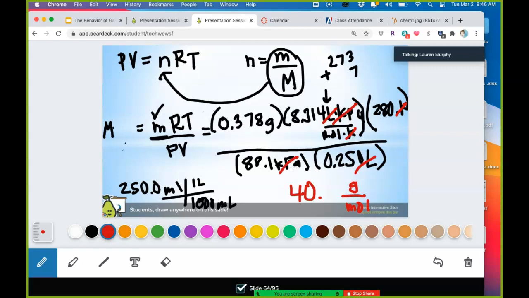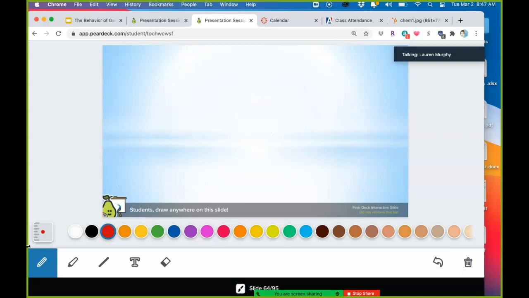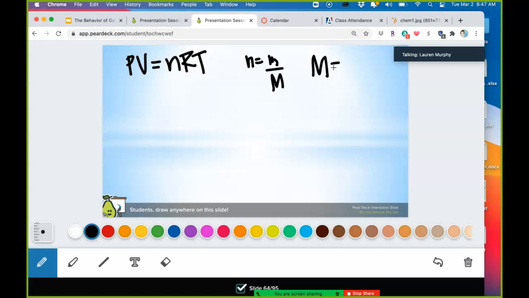So this is one way to do this type of problem. The other way that will still get us the right answer is going to go like this. Again, we have two equations. PV equals nRT, and we know that moles is mass over molar mass, which really just means molar mass is mass over moles.